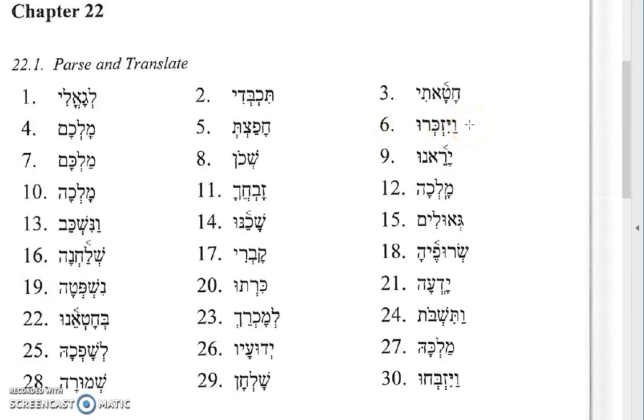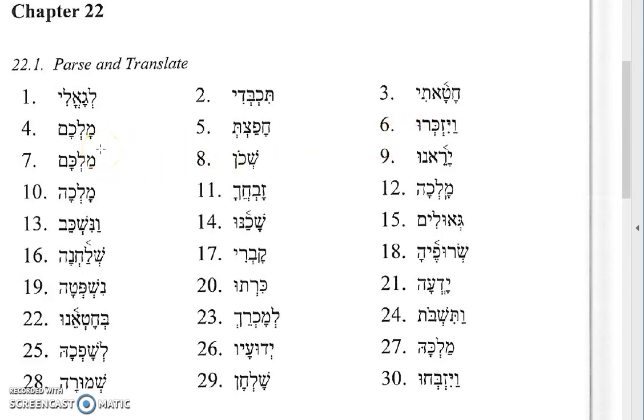And then the next one, chata'ti. This one's a little tricky because you have that noun form just introduced, chatat, but you don't have the doubling that's associated with that, so it looks like it's a verbal form. It's a third aleph, and so chata'ti is a qal perfect, first common singular, I have sinned, or something like that.